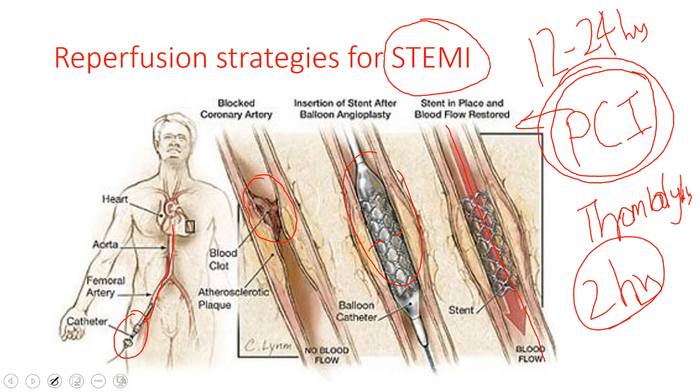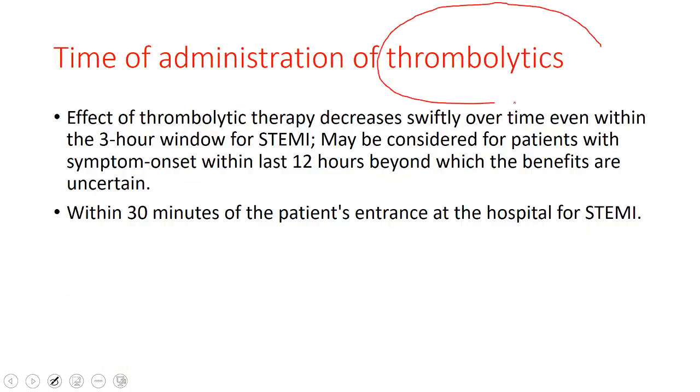Almost you can avoid the complications, you can have as good as normal or close to normal myocardial tissue. However, when such facility is not available due to one reason or another, or when you expect a delay of more than 2 hours for PCI to be carried out, then thrombolytics will have a major role.